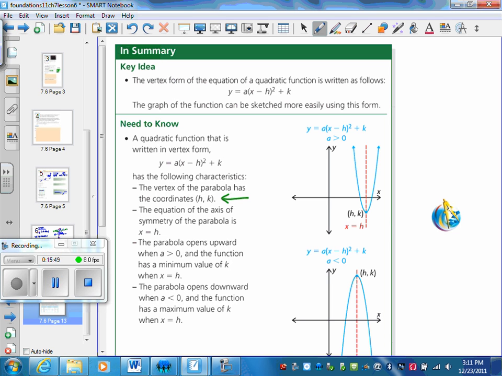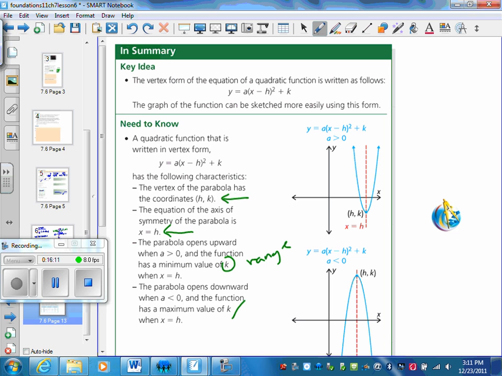The equation of the axis of symmetry is x equals h. The parabola opens upwards when a is greater than 0. It has a minimum value of k, so this is going to help you with your range. The parabola opens downwards when a is less than 0, and the function has a maximum.